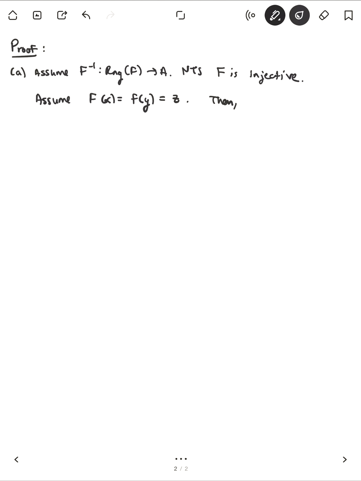Then (x, z) and (y, z) are both elements of f, right? Therefore, if you flip those ordered pairs, you get that (z, x) and (z, y) are both elements of the inverse function.